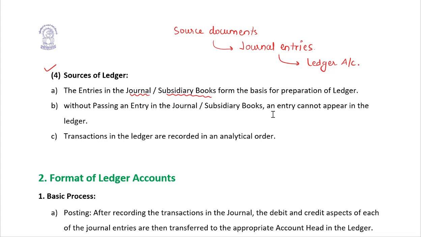I believe it is clear. Without passing the entry in the journal or subsidiary books, an entry cannot appear in the ledger. Obviously, because the first stage is journalizing. This is the second stage, stage 2, ledger posting.